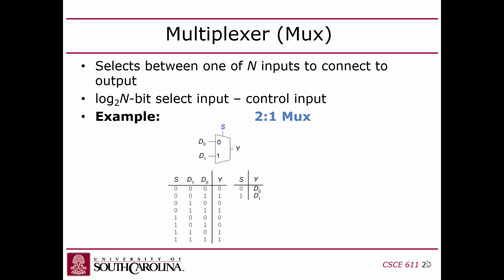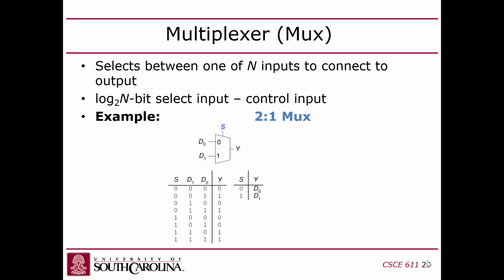Now the inputs can be 1 bit or multiple bits, but the inputs and the output are the same bit width. So in a 32-bit processor, you'll see a lot of multiplexers where each input will be 32 bits and the output will be 32 bits, right? But they'll be grouped together as one line inside the schematic. You guys with me?